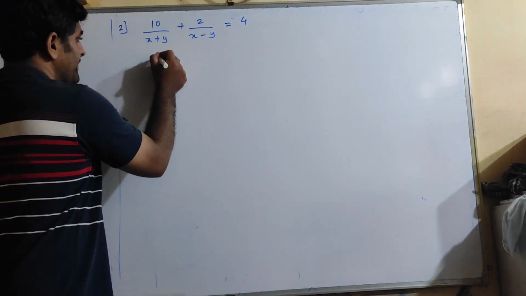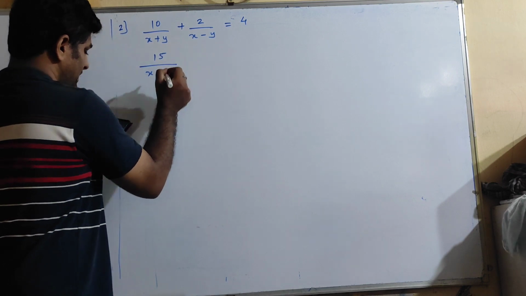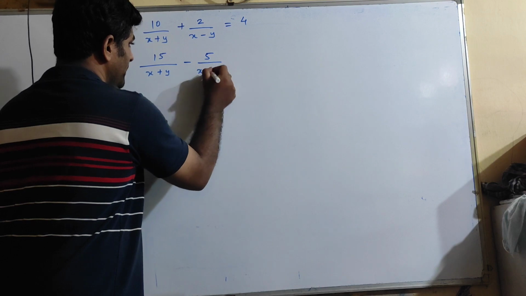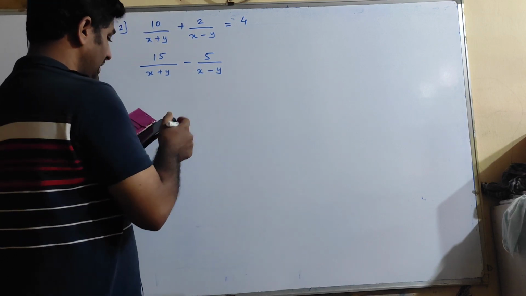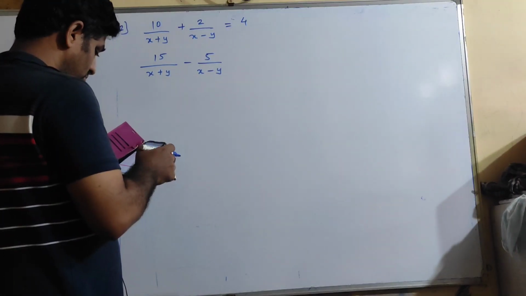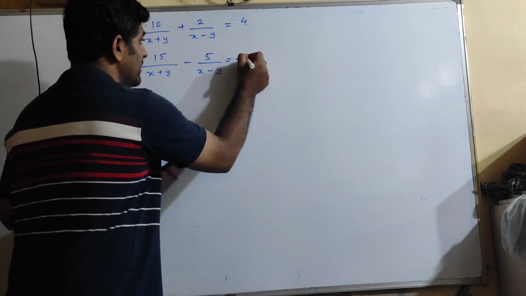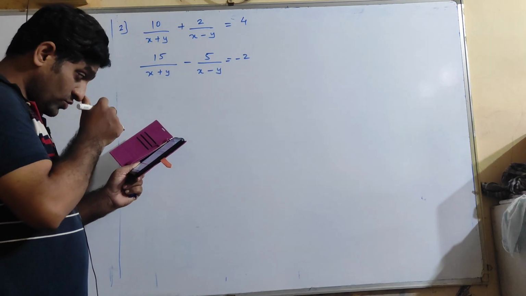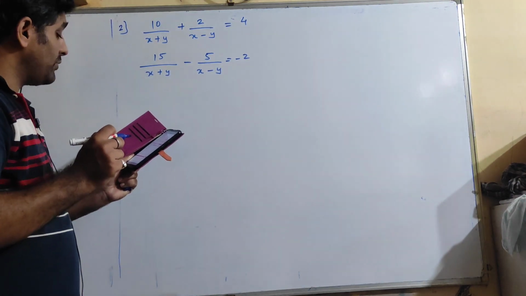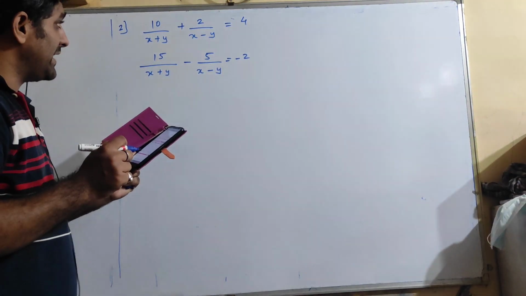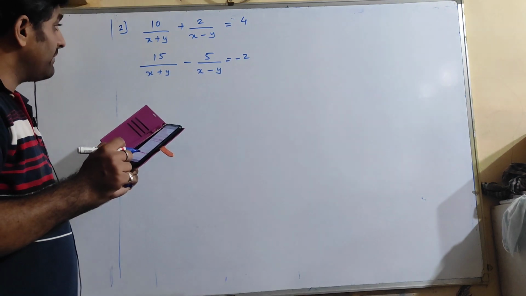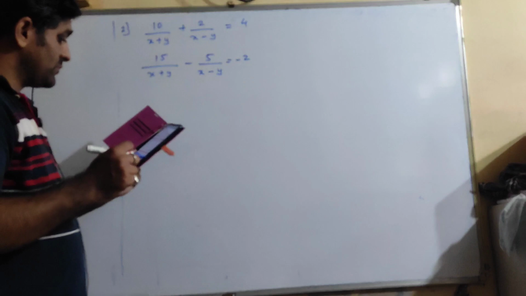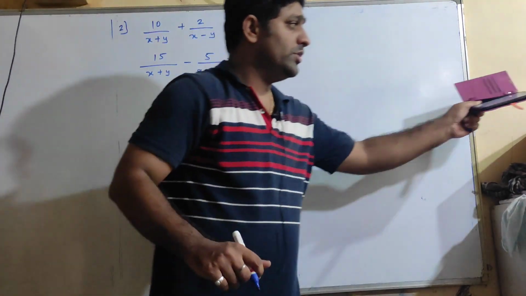Next, 15 upon x plus y minus 5 upon x minus y equals to minus 2. Correct? So these are our two equations which are given to us. 10 upon x plus y plus 2 upon x minus y equal to 4, and 15 upon x plus y minus 5 upon x minus y equals to minus 2.